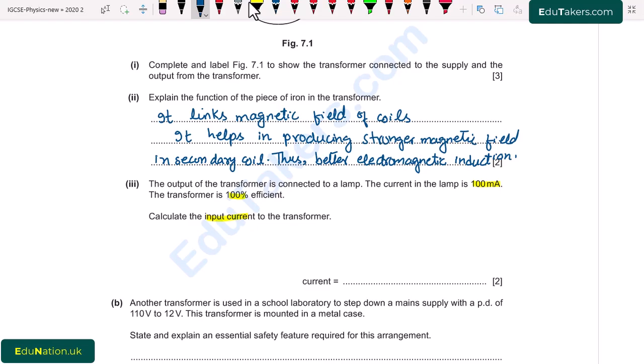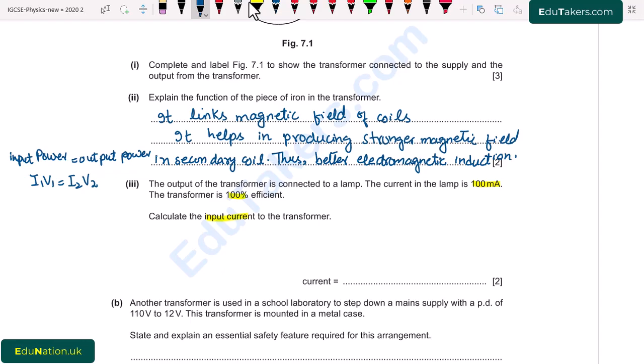It means that the input power must be equal to output power. And we know that power is the product of current and potential difference. So I write here I1 V1 is equal to I2 V2.